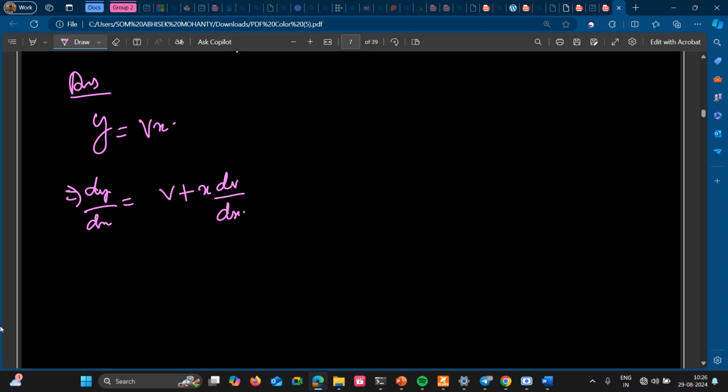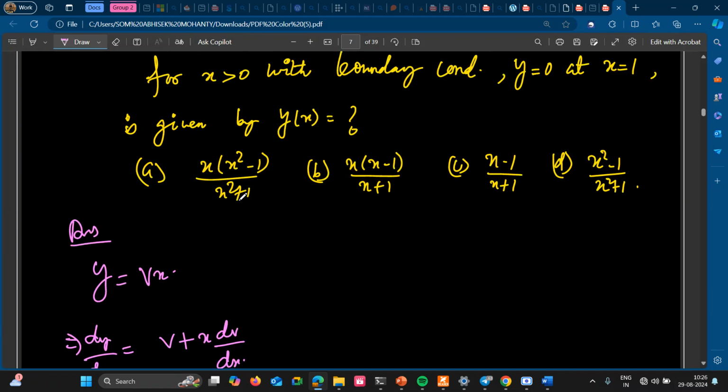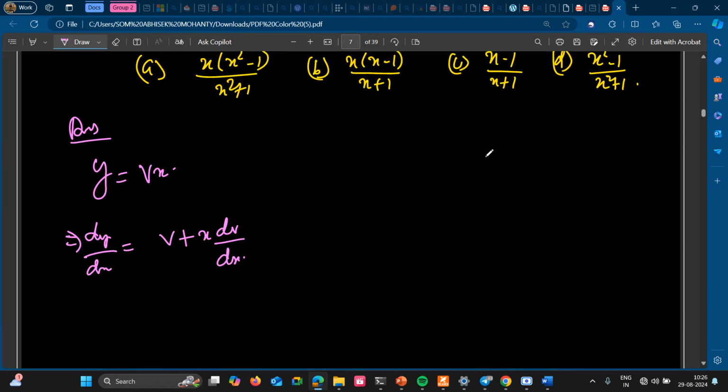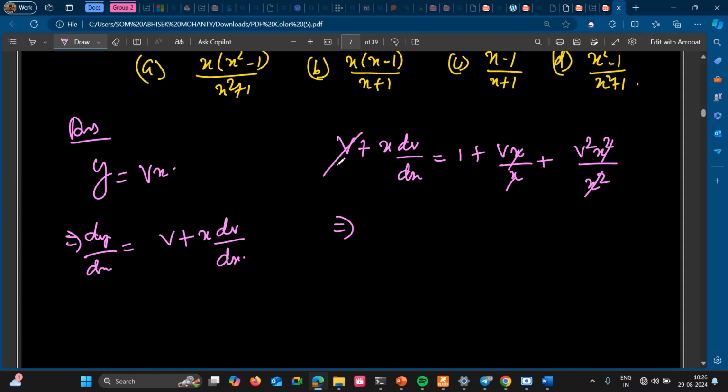So in place of dy by dx, I will simply put v plus x dv by dx is equal to 1 plus y by x, that means vx by x, plus y square, vx square by x square. So x square gone, so now v also gone. So x dv by dx is equal to 1 plus v square.